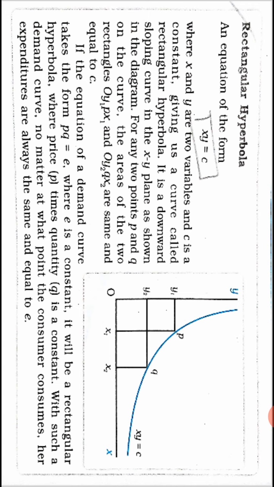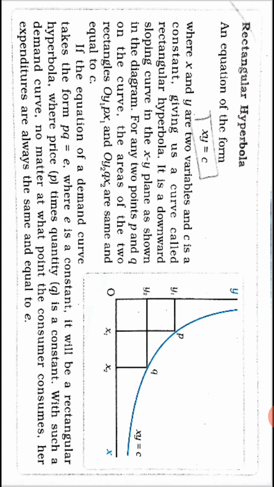For any two points P and Q on the curve, the areas of the two rectangles are equal. For point P, OY1 times PX1, and for point Q, similarly OY2 times QX2, are equal to c, which is a constant.